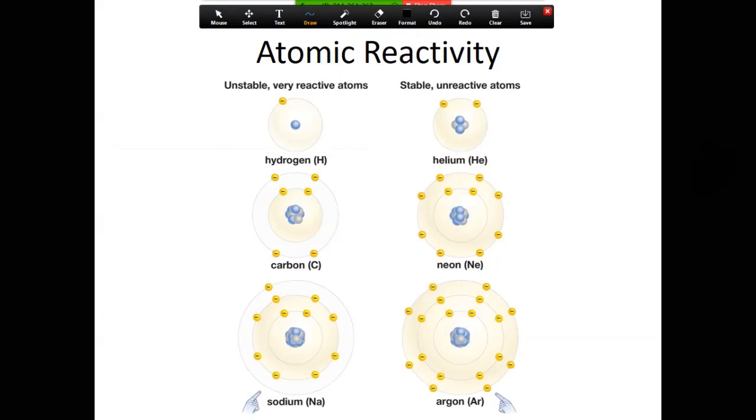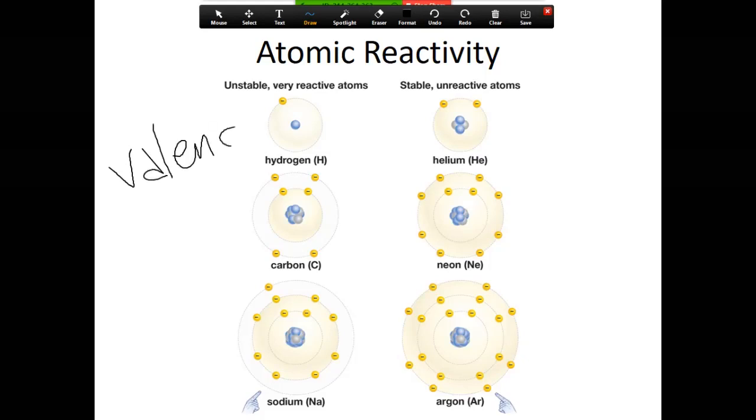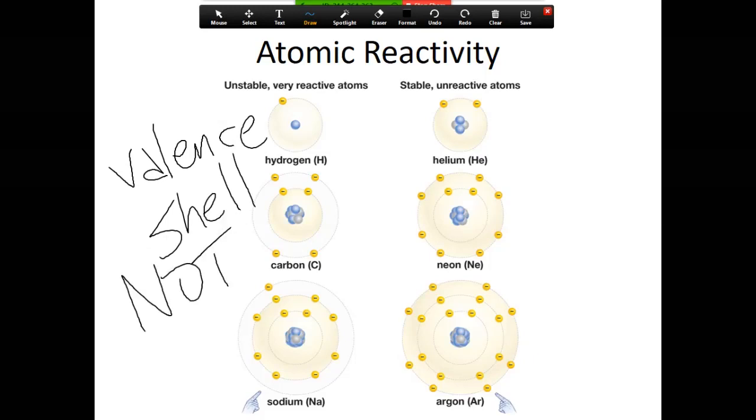What do all these 3 atoms have in common? They have a valence shell that is not full. So what does that mean? That means that these atoms are unstable, highly reactive.